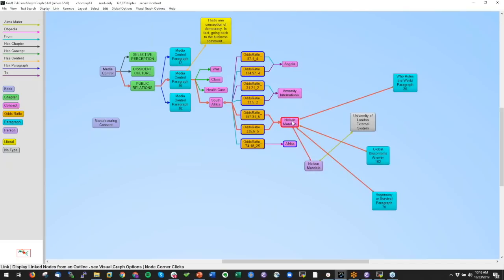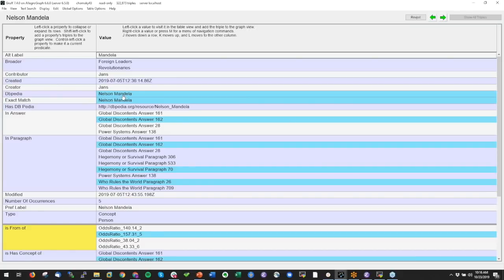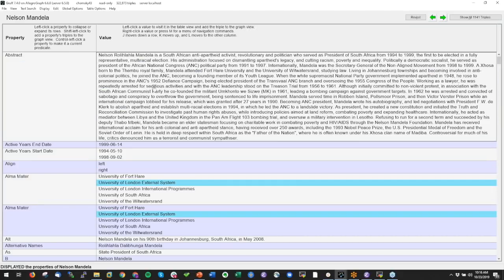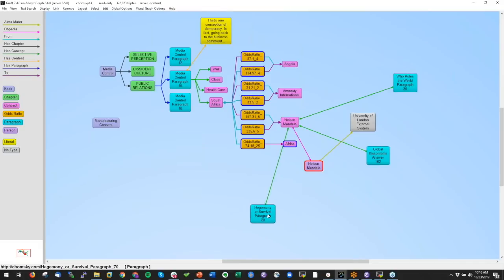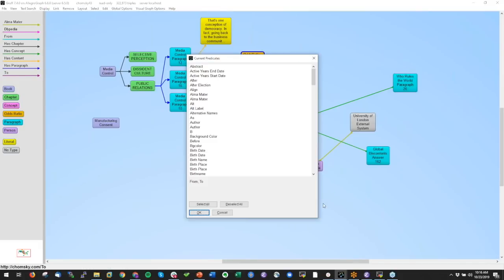But we also could click on Nelson Mandela and find lots more information about Nelson Mandela in Wikipedia and in DBpedia. Yeah, so this is a huge build-up of a knowledge graph where we do a lot of NLP things. One more thing here, we can now also look at text similarity. So I can choose similarity here.